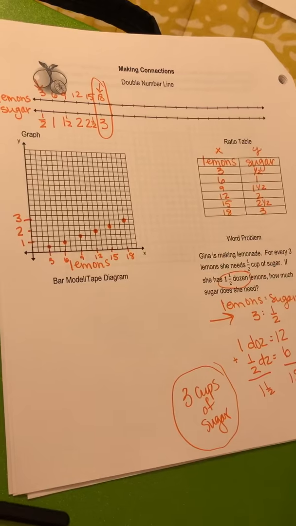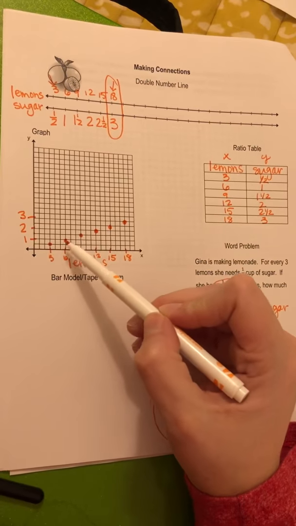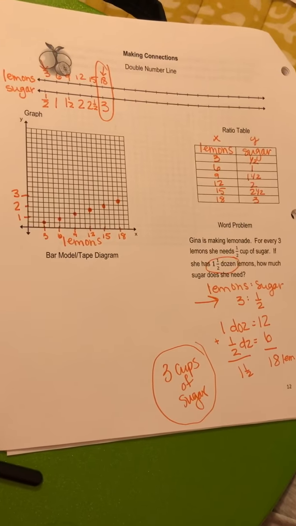Now, at any time, if you need to pause this to get caught up, please do. And you notice that all of our plotted points are in a straight line. So if we looked at that graph, it would tell us that this is a proportional relationship.